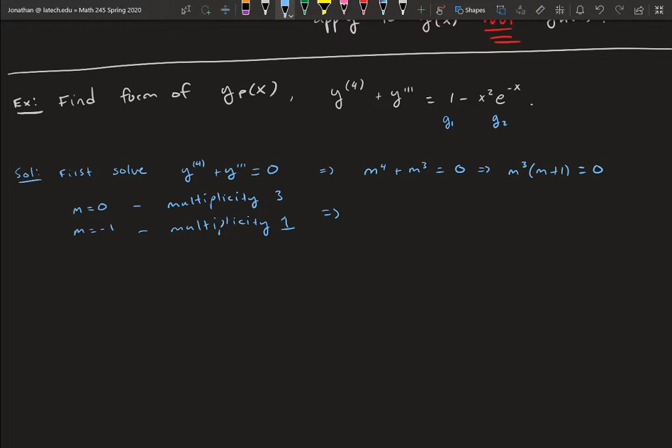So that tells us our homogeneous solution is going to be C1 e to the 0x plus C2 x e to the 0x plus C3 x squared e to the 0x plus C4, my favorite, e to the negative x.